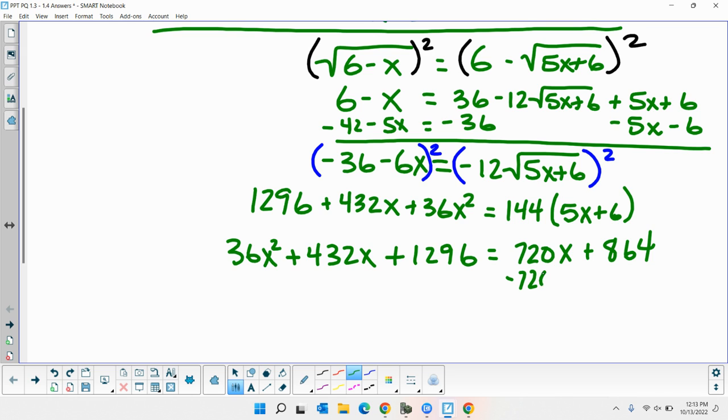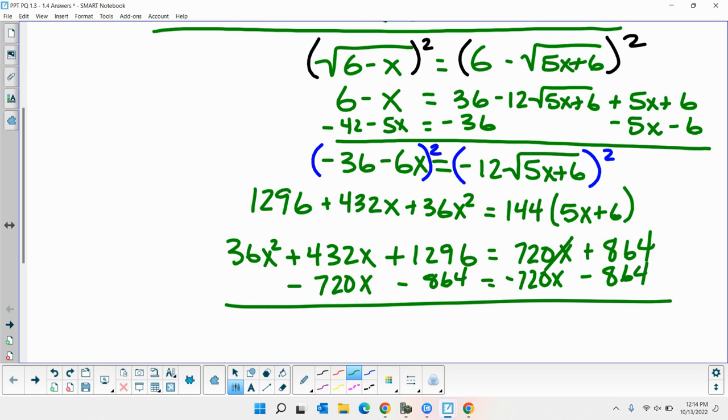So I'm subtracting 720x and 864. So that gives me the 0 on the right. And I got my 36. What's that? Thanks. And positive 432.